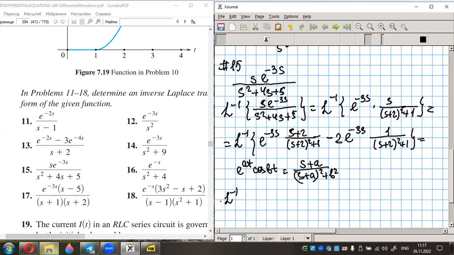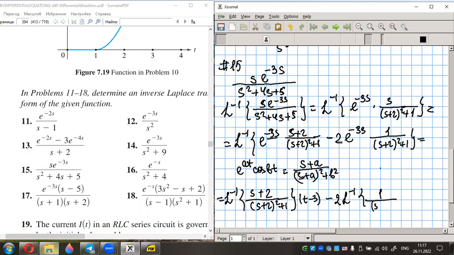L to the minus 1 of s plus 2 over s plus 2 squared plus 1 at t minus 3, because here we have minus 3 in the power of e, minus 2l minus 1 over... Should we write t plus 3, or just t?